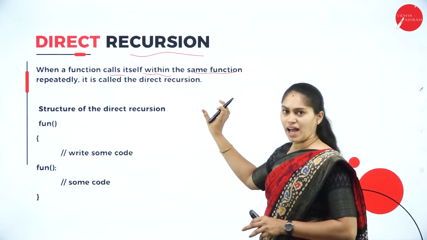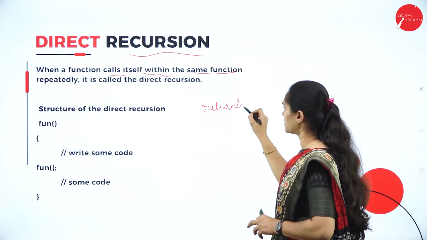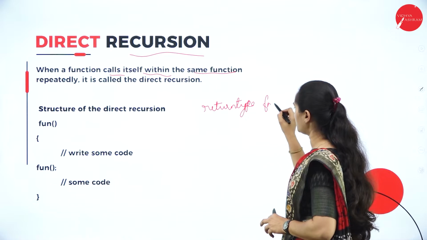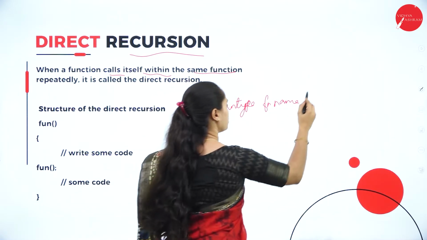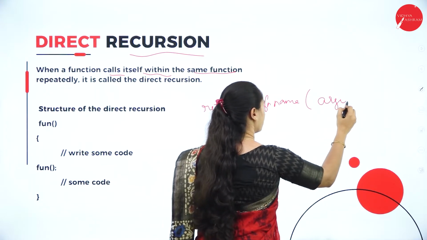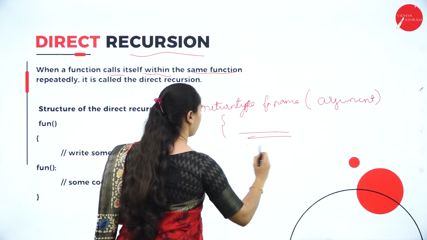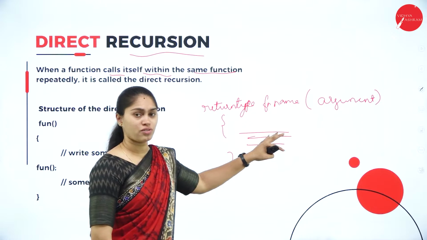We know that we have a return type, right? So the return type will be there. And we need to specify the function name. Once you specify a function name, you need to specify the arguments that you have. If there are no arguments, no need to specify. It will be a block of code which yields a solution for a particular problem.